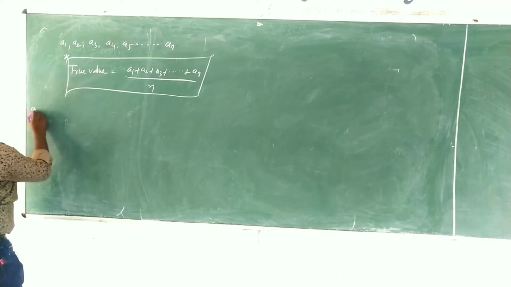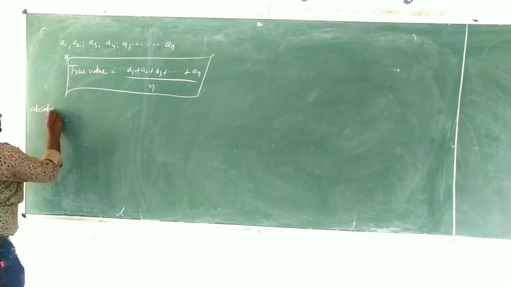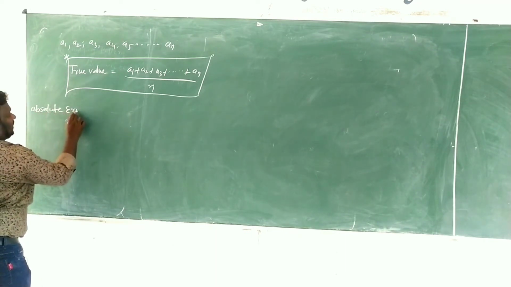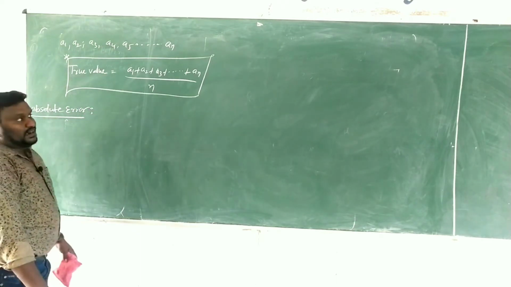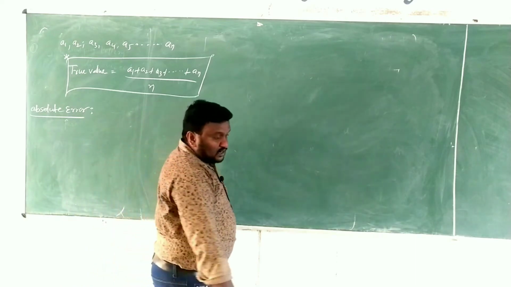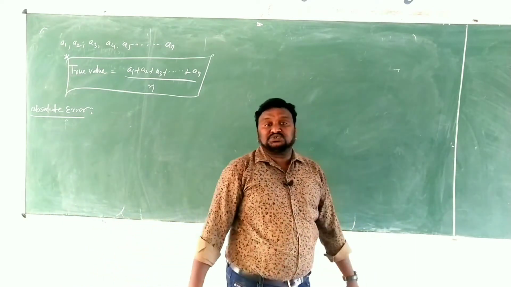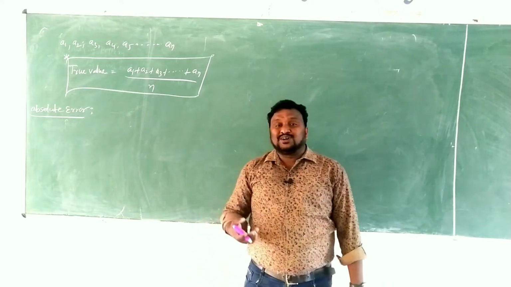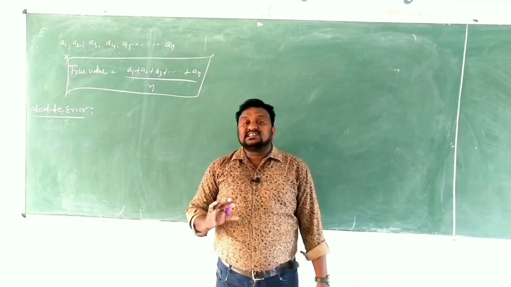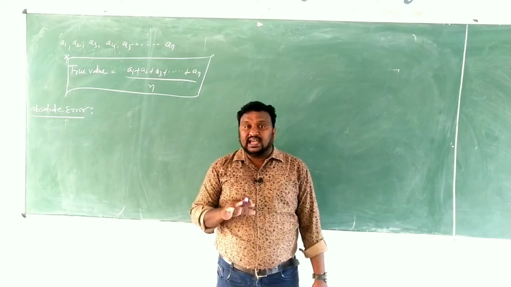Clear? Next thing is absolute error. You must know about this one. What is meant by absolute error? To understand that, already in previous classes you learned the value of small g. What is small g? Acceleration due to gravity.